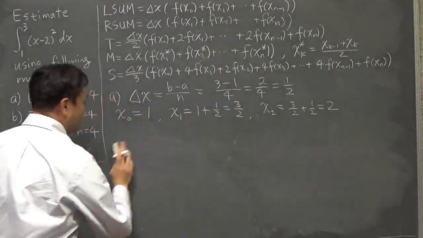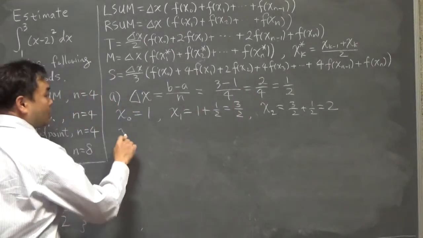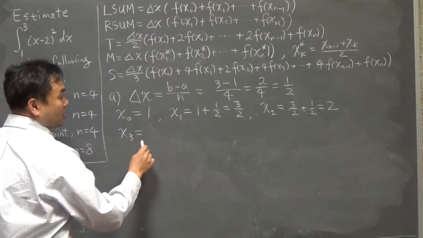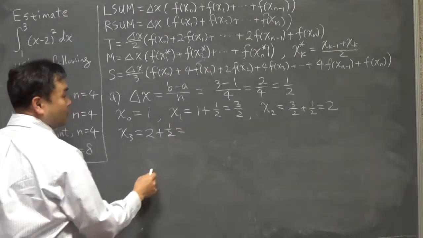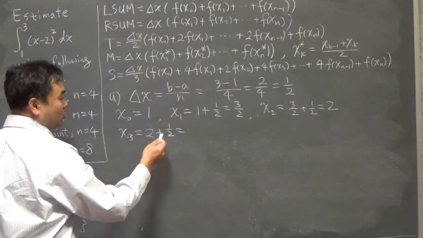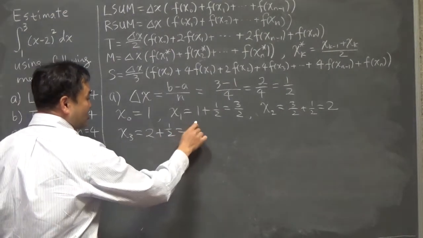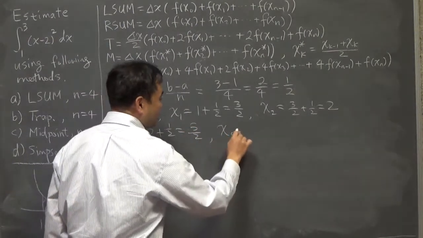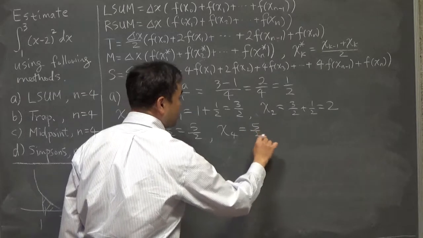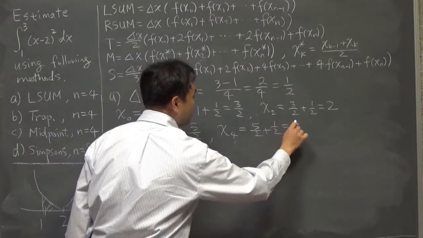And then you do x3 equals 2 plus 1/2, which gives you 2.5, or you can also write it as 5 over 2. And x4 would be 5 over 2 plus 1/2, which gives you 3.